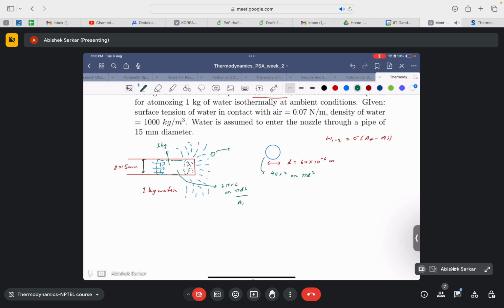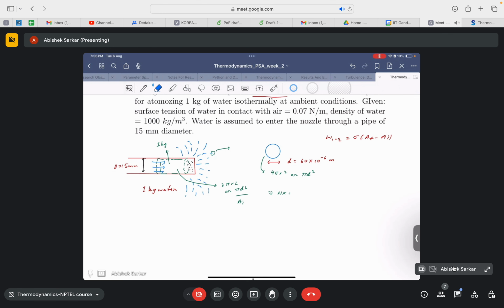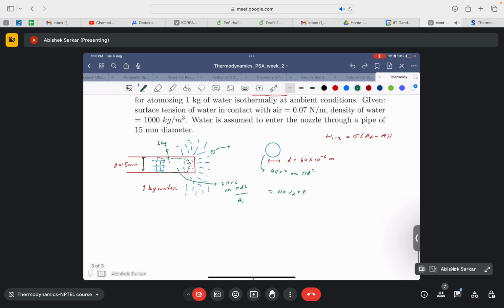Since the 1 kg of water is dispersed into n number of droplets, the mass of water remains constant. So what we can do is that, n number of droplets, now we are dealing with volume, so n into volume of a single droplet into the density of water, because it is a water droplet, would be equal to 1 kg. Is it clear?